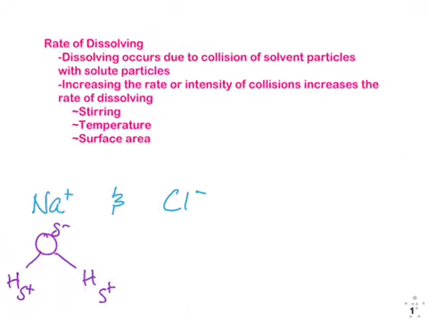What happens is those collisions tear apart the positive-negative attraction between the sodium and chlorine, and then the water molecules align themselves so that the partially negative oxygens are facing the partially positive sodiums, and the partially positive hydrogens are aligned with the partially negative chlorines.